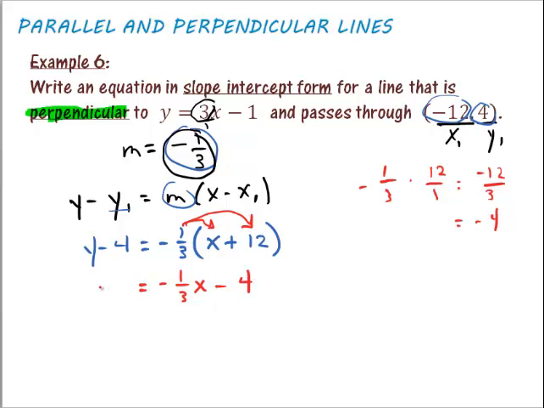On this side, we got y minus 4. Alright, now the next step is to add 4 to both sides. Add 4 to both sides, and look what happens here. We get y equals, those cancel, and those also cancel. That's a coincidence this time. Negative 1/3 x. If you want to put plus 0, you can, but you don't have to.